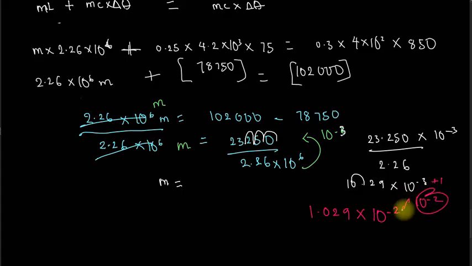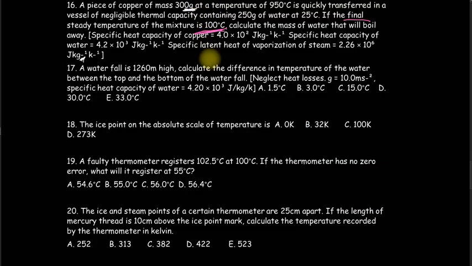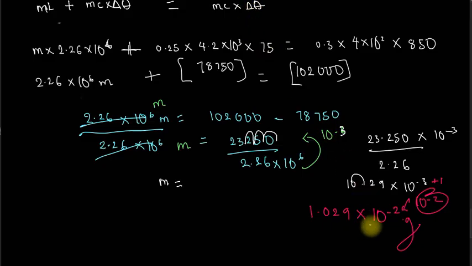And that's how we got this. So our final answer is 1.029 times 10 to the power minus 2. Minus 2 what? Kilogram, and that's the mass of water that's boiled away. I think this mass is reasonable.